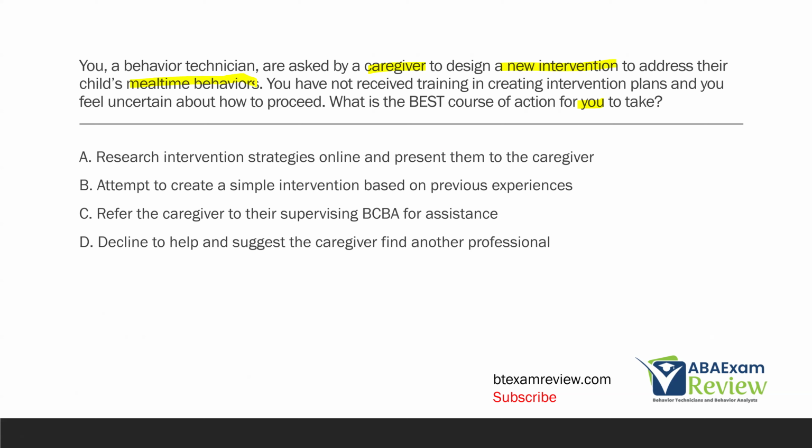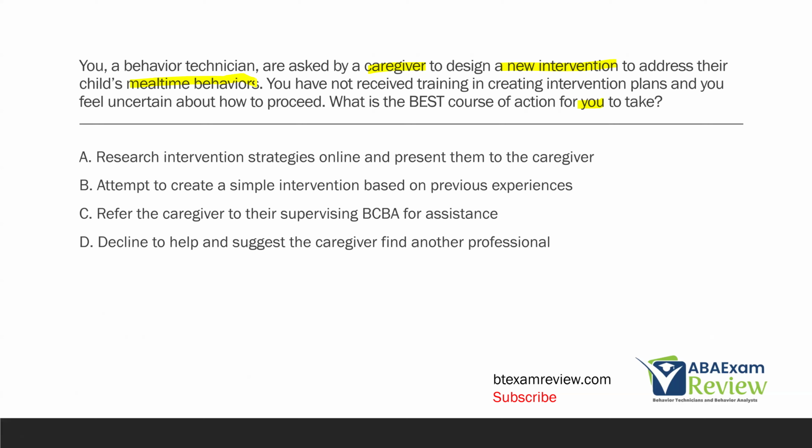Now, this is a tough spot for you as a technician because you're being asked by a caregiver to do something directly. And that can be challenging because as the technician, you of course want to give the best service. You want to maintain rapport with the family members, but you also have to know and recognize your role on the team. And your role is implementation primarily.